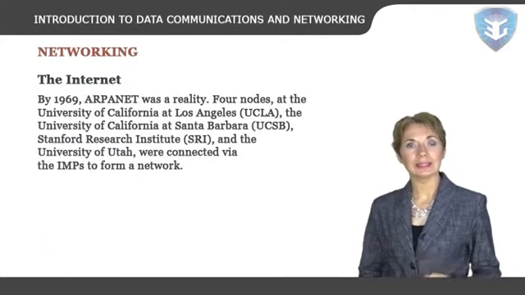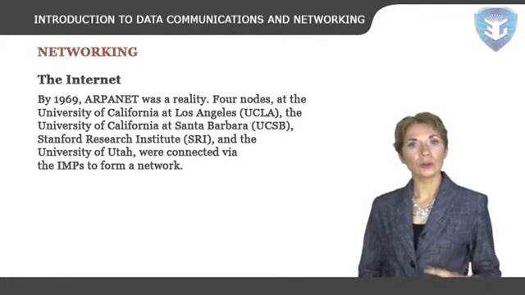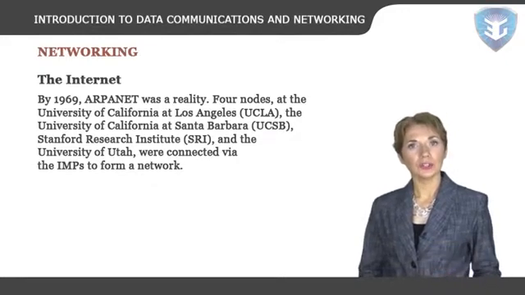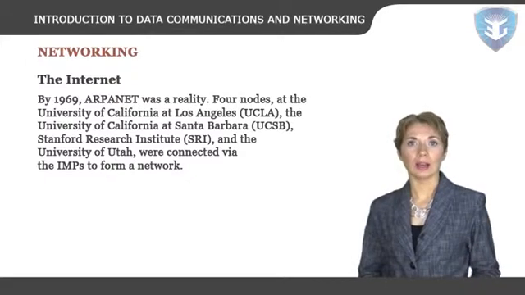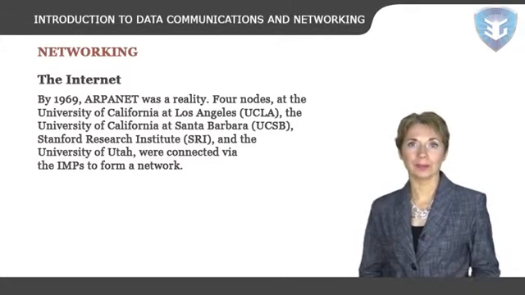By 1969, ARPANet was a reality. Four nodes at the University of California at Los Angeles, UCLA, the University of California at Santa Barbara, UCSB, Stanford Research Institute, SRI, and the University of Utah were connected via the IMPs to form a network.